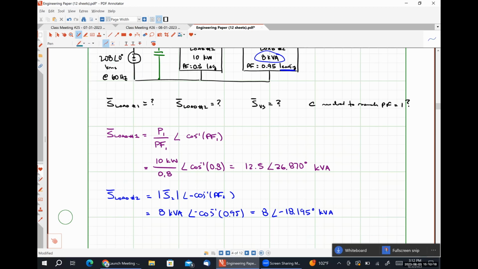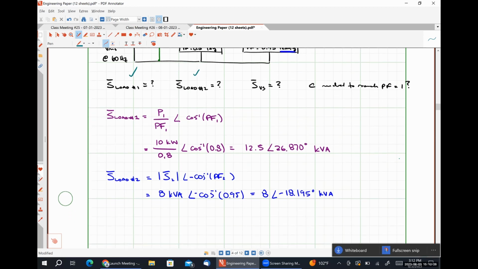All right, so we've taken care of this part. We've taken care of this part. Now I want the complex power supplied by my voltage source. Well, the easiest way for me to get that is just to say that the complex power supplied by my voltage source must be the complex power absorbed by load number 1 plus the complex power absorbed by load number 2.